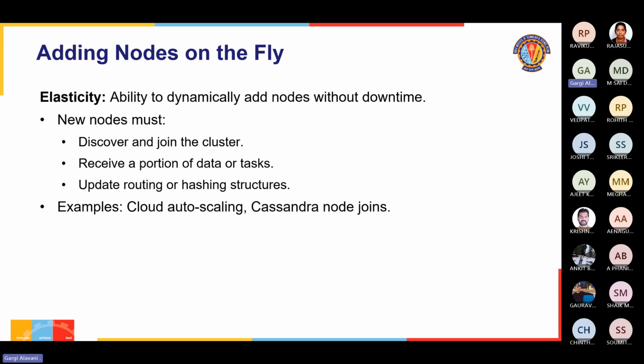It has to then update the metadata or routing tables, so all peers will know how to reach it. This is how cloud platforms automatically scale your service when traffic spikes, or even how Cassandra expands storage just by adding a new server.